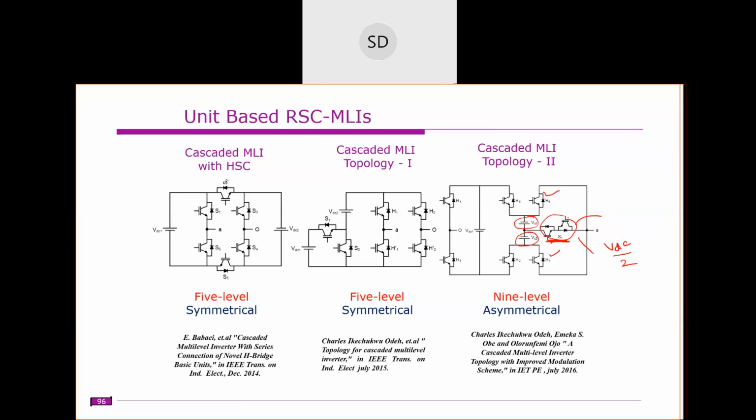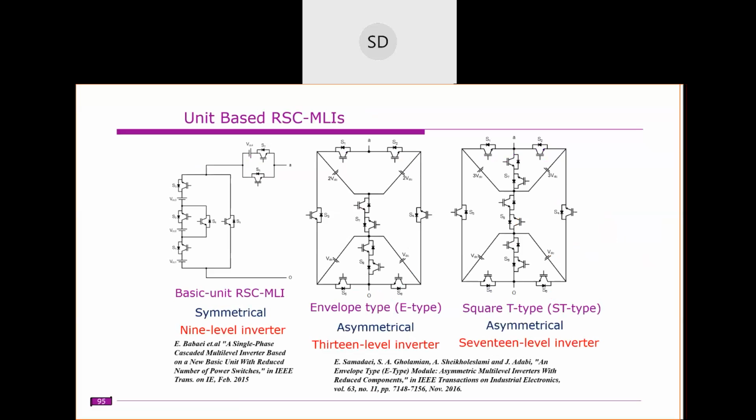So these are the three unit-based topologies. We have other topologies. So this is another one.